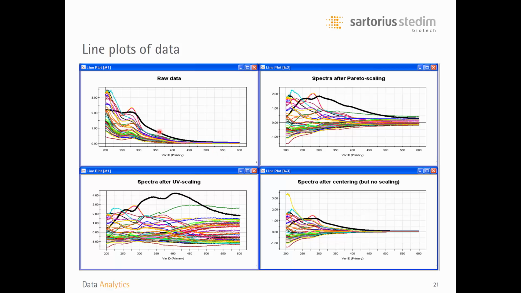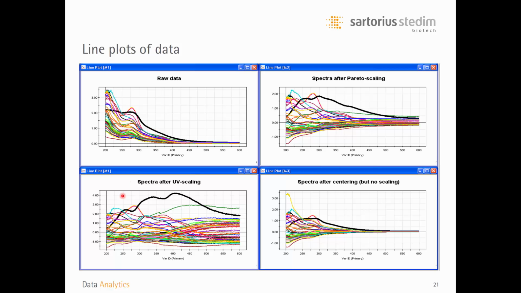We have one spectrum here that is shown as a thickened black line. It has a thick black line in all plots. This is a little atypical spectrum, and it is arising from a rum sample. It is the only rum. It is a Japanese product.